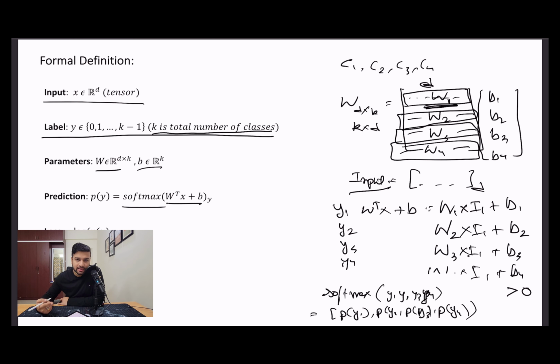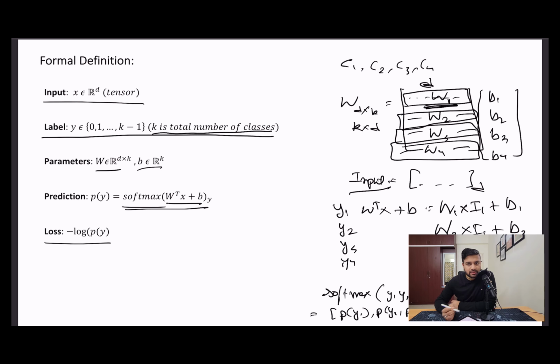So softmax converts a vector into a vector of probabilities where each probability ranges from 0 to 1 and the sum of the vector is 1. This is why we use softmax: it's a soft version of argmax, and this seems to work well in practice. So that is how your prediction is done.